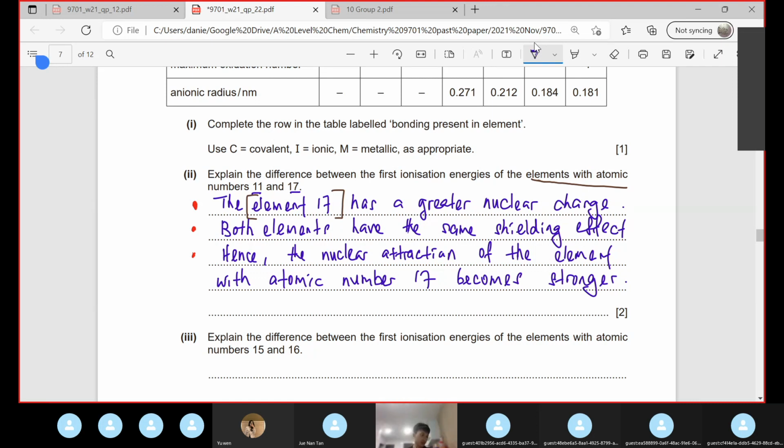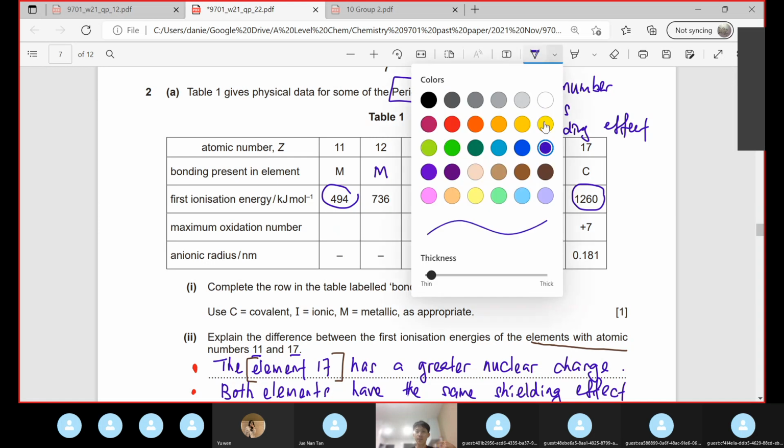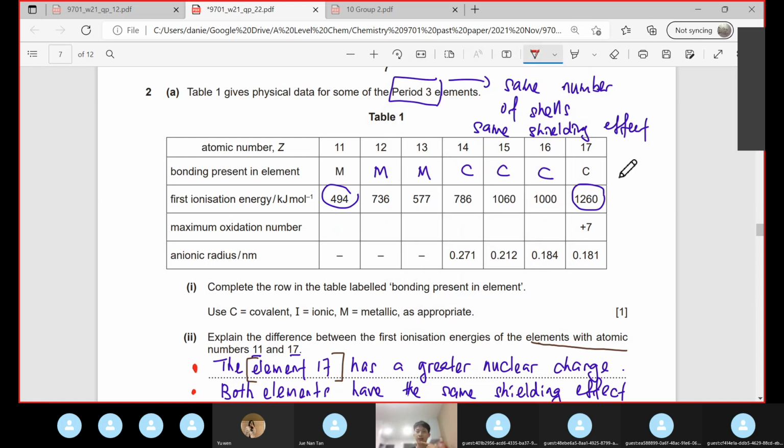Then part 3: explain the difference between the first ionization energy of the element with atomic number 15 and 16. You will notice that the first ionization energy of element 16 is a little bit lower compared to 15.